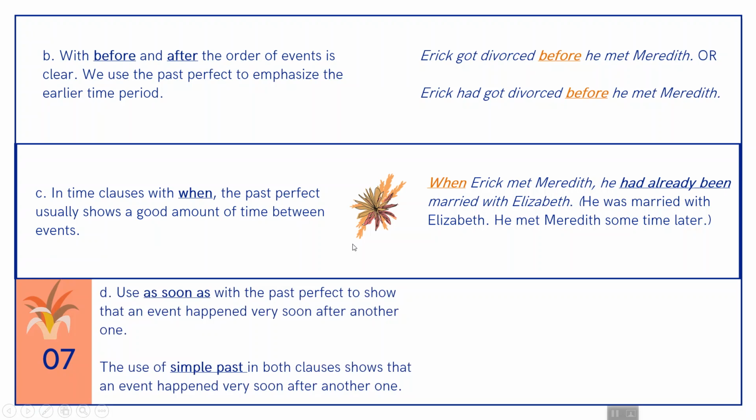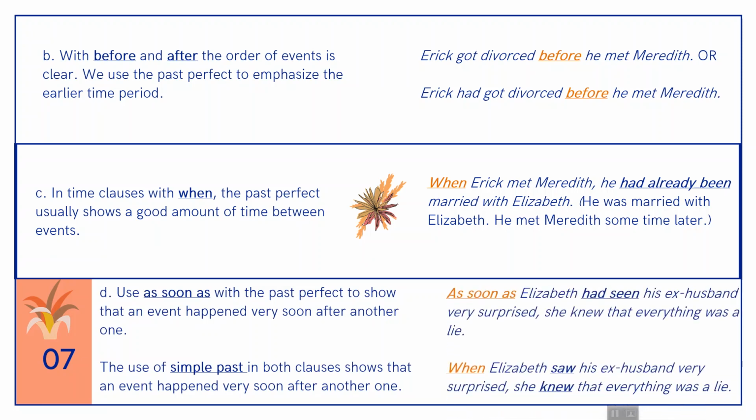And finally, we can use as soon as with the past perfect to show that an event happened very soon after another one. And I have here an example. As soon as Elizabeth had seen her ex-husband, very surprised, she knew that everything was a lie, that the girls had lied to her.